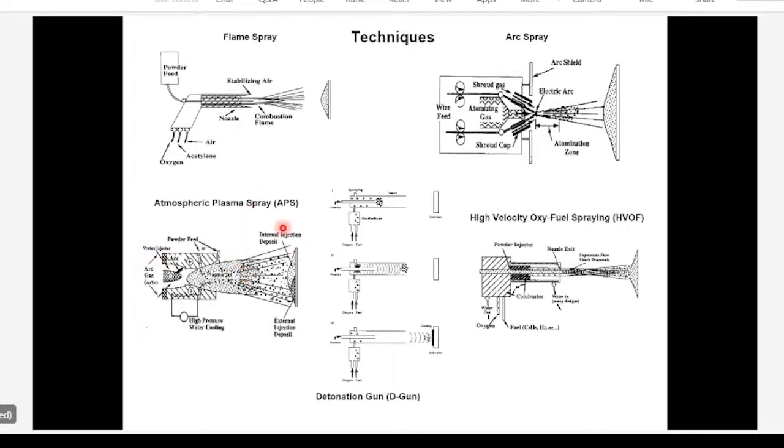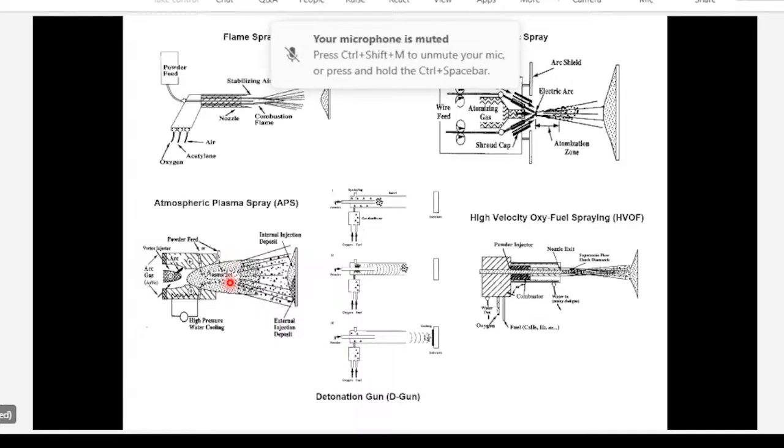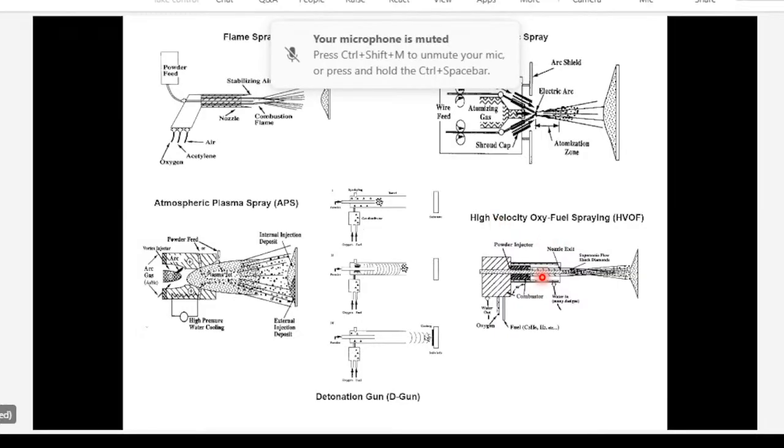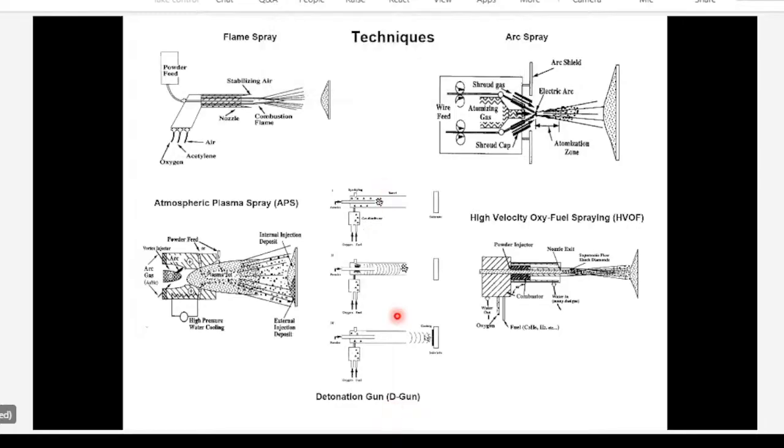And if you have a vacuum system to reduce contamination, then you have a vacuum plasma spray process. HVOF, high velocity oxy fuel spraying. Here the flame is under very high pressure. So the speed is very, very high here. Or detonation gun process or D-gun process, where the thermal spray process is intermittent.